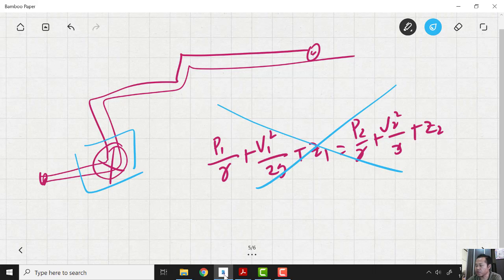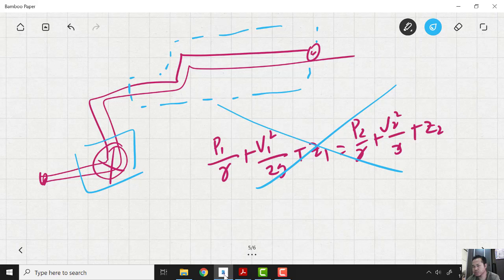You can use the equation only if no energy-adding device is involved, no energy-removal device is involved, and the fluid is incompressible.